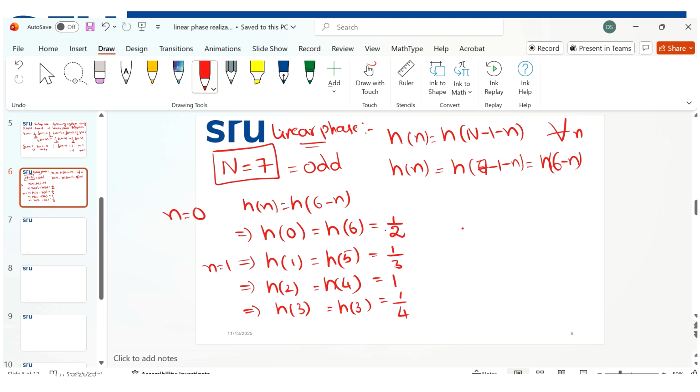Therefore, the given system satisfies the linear phase condition.